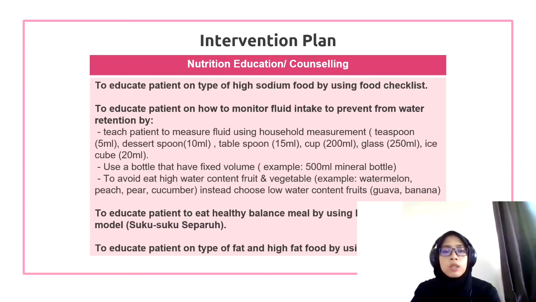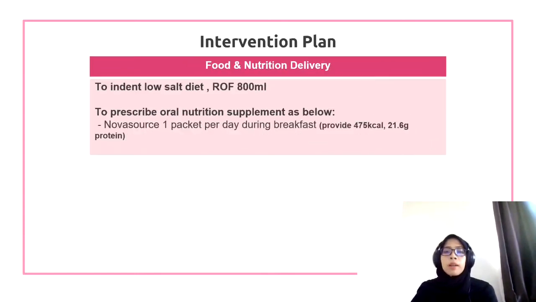Next, I will educate the patient to eat a healthy balanced meal by using the healthy plate model, suku-suku separuh, and I will also educate the patient on types of fat and high fat food by using a food checklist, as the patient has dyslipidemia.